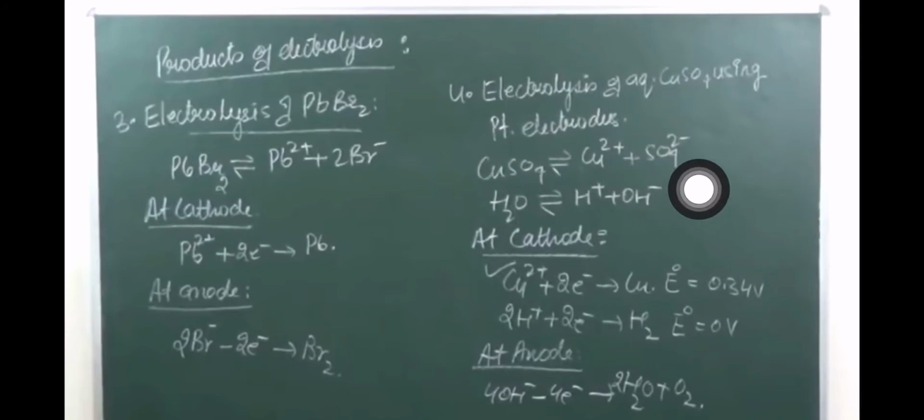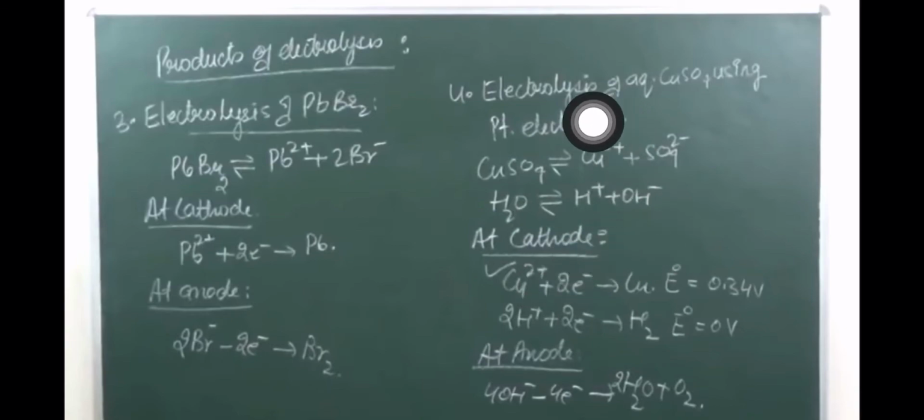Now aqueous is there, so again water dissociation will be taking place and dissociation of CuSO4 will be taking place. Dissociation of CuSO4 will give you what? Cu plus 2 plus SO4 minus 2, and dissociation of H2O will give H plus and OH minus.